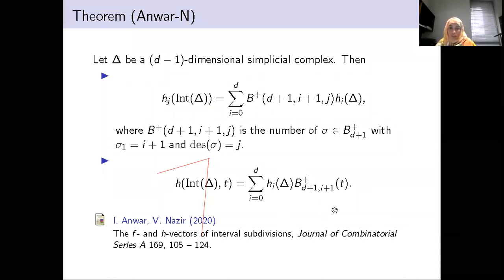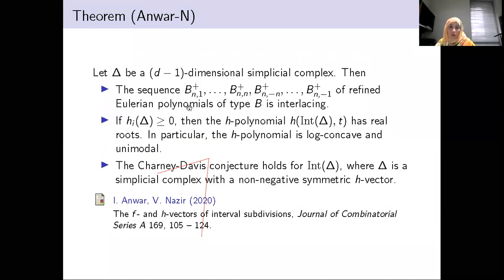Using this relation and the further properties of the sequence, which is interlacing as I said before, if you consider that the h_i are positive for this simplicial complex, like a shellable simplicial complex, then this is always real rooted, and hence we can prove that the Charney-Davis conjecture also holds for the interval subdivisions.